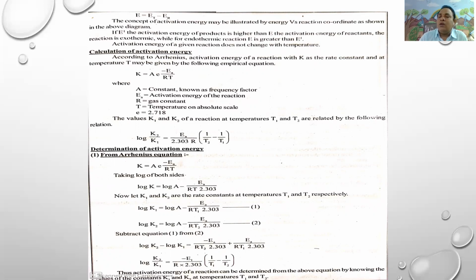The time required, T75, equals 2 t half. Similarly, at the third half-life time, reactants left is 12.5, products concentration is 87.5, T87.5 equals 3 t half.